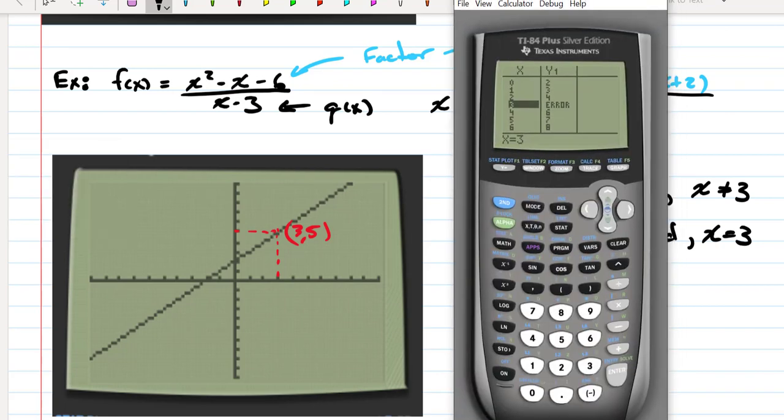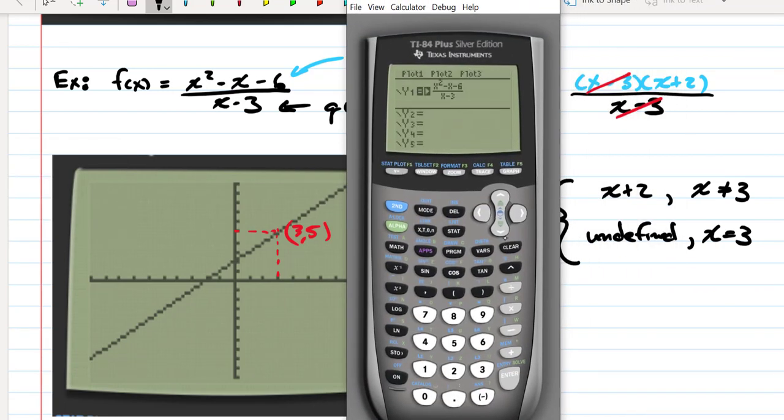So if we grab our graphing calculator and we go y equals again, let's put in our function x plus 2. And if I go second table now, what do I notice about these two functions? Their outputs are exactly the same except for at what point?